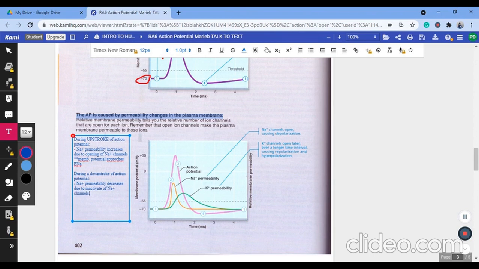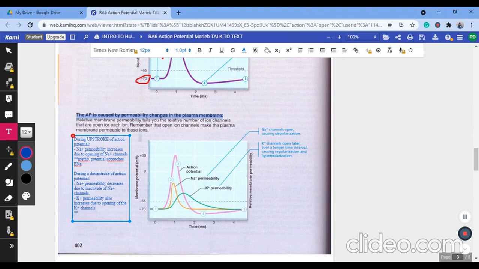So one thing to remember here: going upstroke means Na permeability increases, but going down means Na permeability decreases. But during this phase, the K permeability also increases due to opening of the K plus channels.